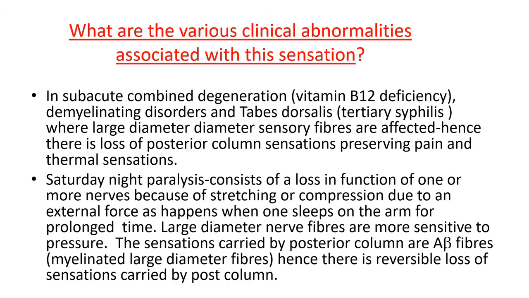Now coming back, what are the various clinical abnormalities associated with posterior column sensation? There is a condition called subacute combined degeneration. It is seen in pernicious anemia and nutritional vitamin B12 deficiency anemia.